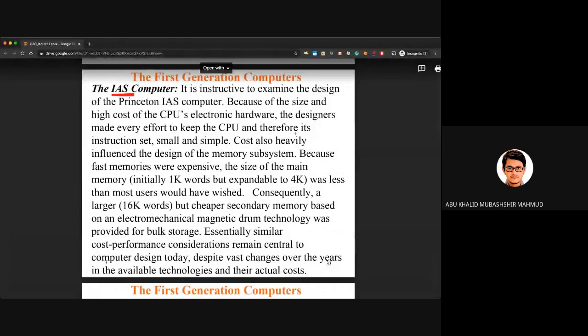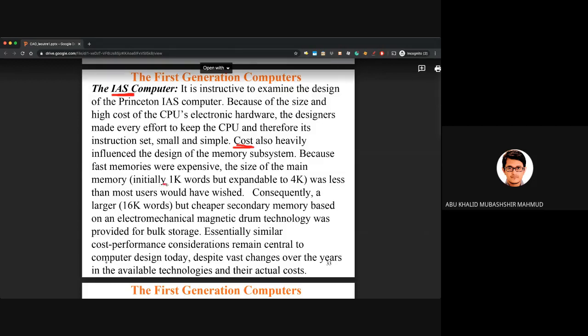Now here we see what influenced the IAS computer's design and the working procedures. Cost is the number one criterion that every computer looks upon, and it should be minimized.